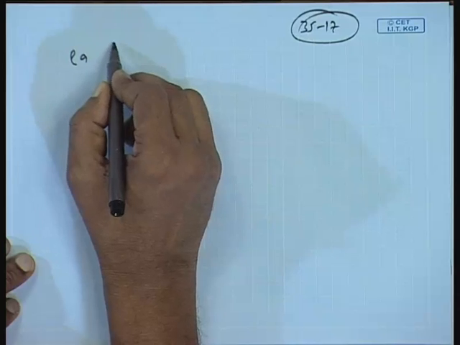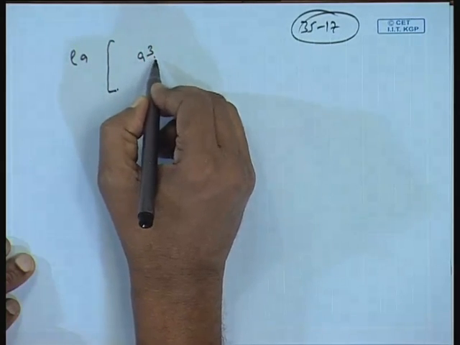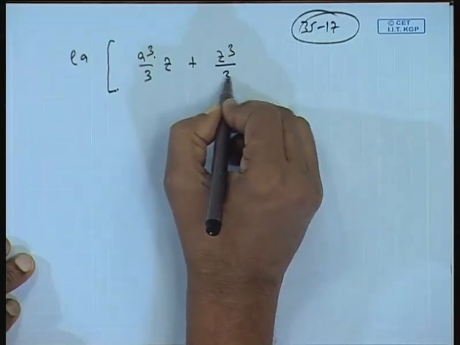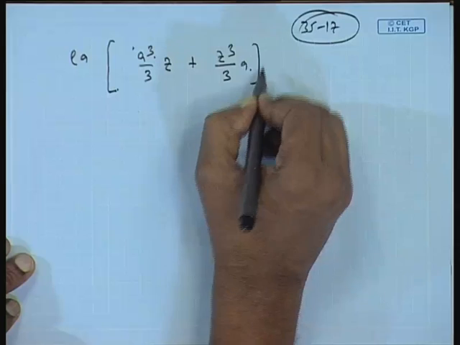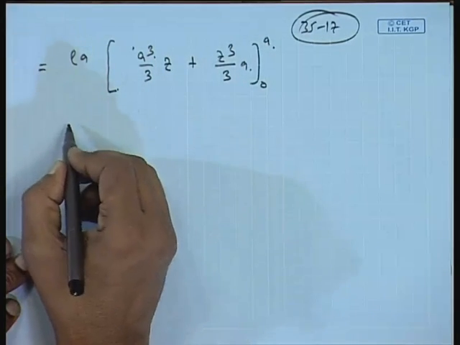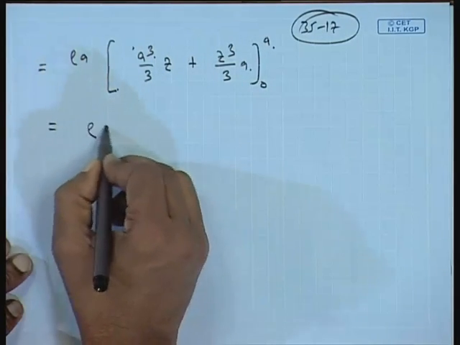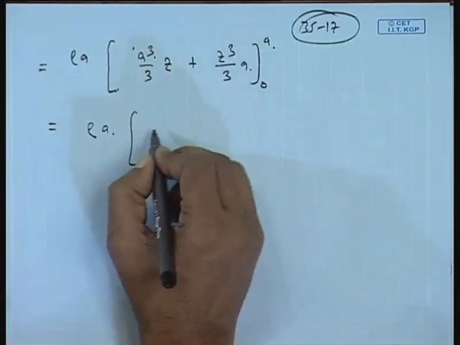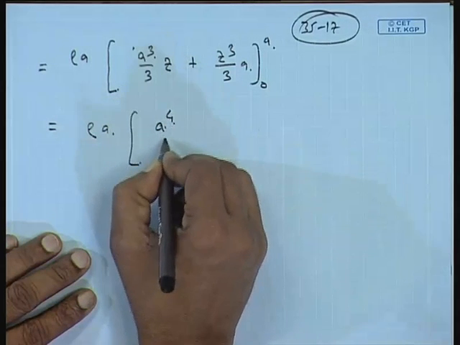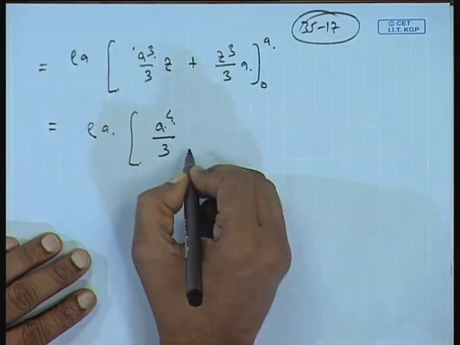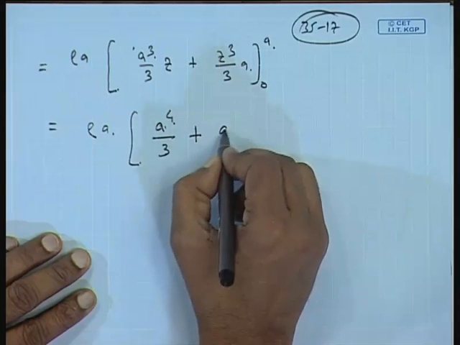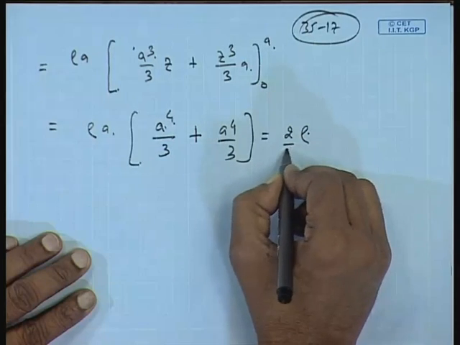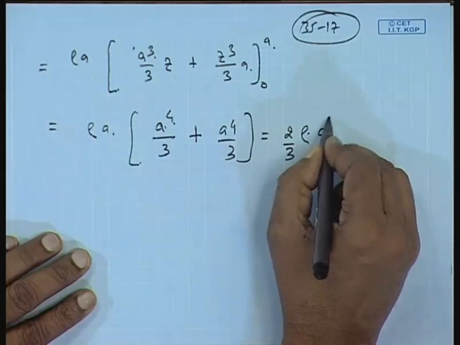After integrating, this will yield a cube by 3 z plus z cube by 3 a, and putting z equal to a and putting these limits, we get a to the power 4 by 3 plus a to the power 4 by 3. So, this is basically 2 by 3 a to the power 5.